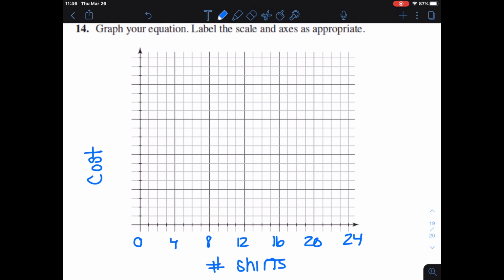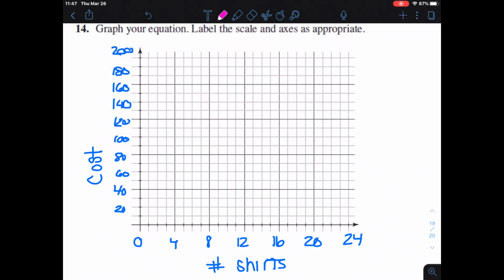And now our cost, we need to go up to $188 for 20 shirts. So let's make each of these probably 10, which should be good. So here's 10, 20, 40, 60, 80, 100, 120, 140, 160, 180, and then 200 would be all the way up here.